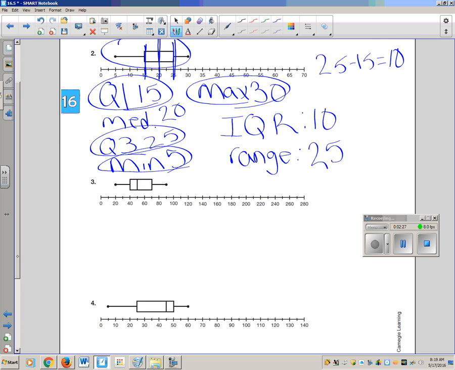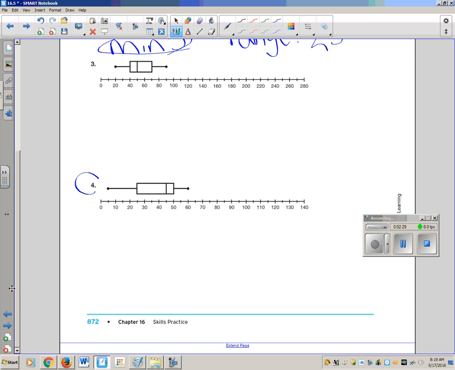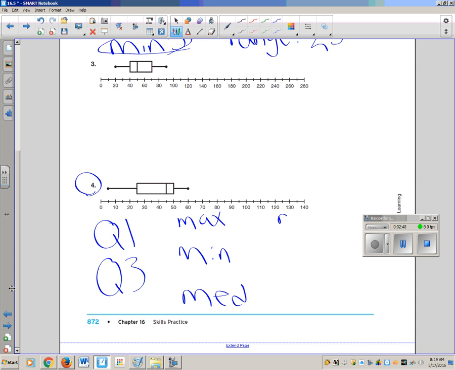The next problem is 4. You need to do the same thing. So you want to find quadrant 1, which is 5.